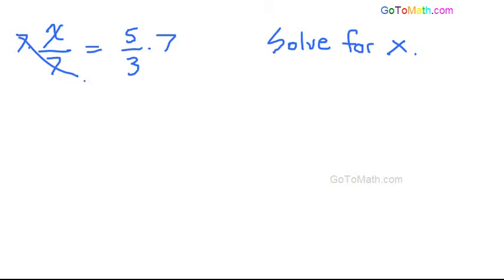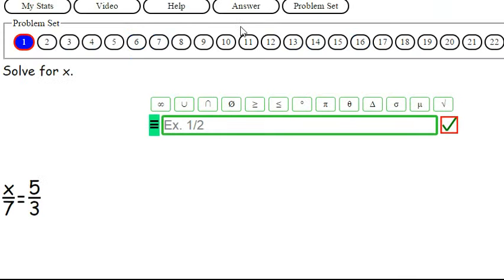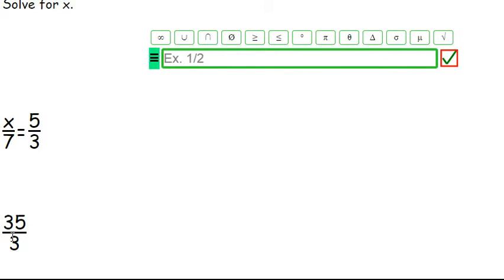As you can see, those will cancel out, and you'll have x is equal to... Is there a number that goes into 3 and into 7? Well, 1's the only one. That doesn't do anything, so we can't really reduce this down any. We'll just multiply 5 times 7, which is 35 over 3. And so there is your x. 35 over 3.